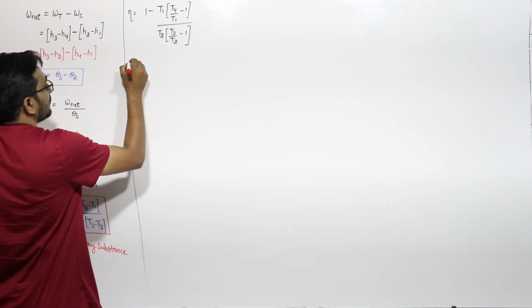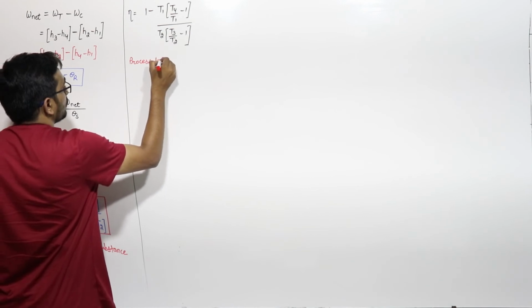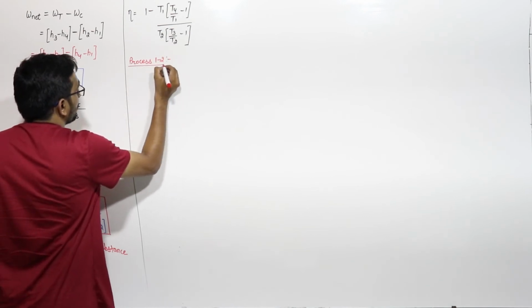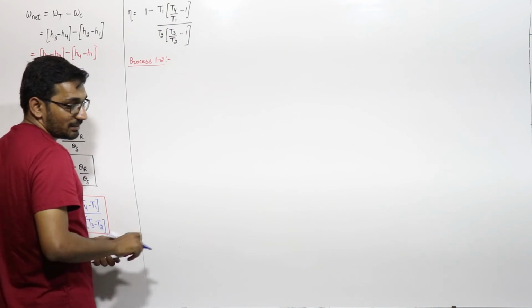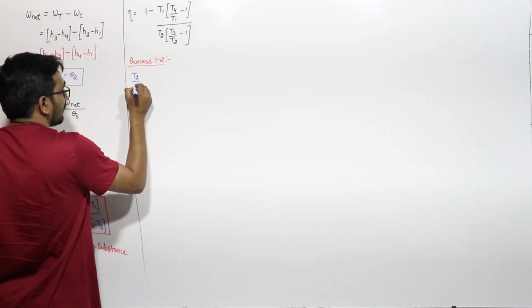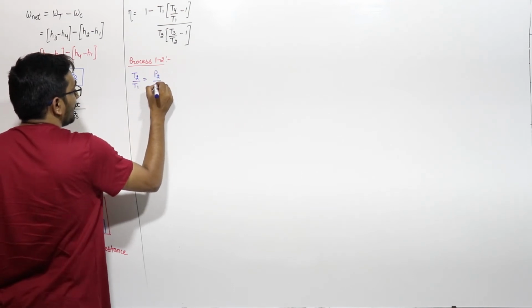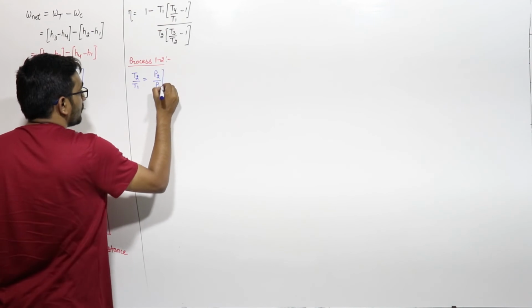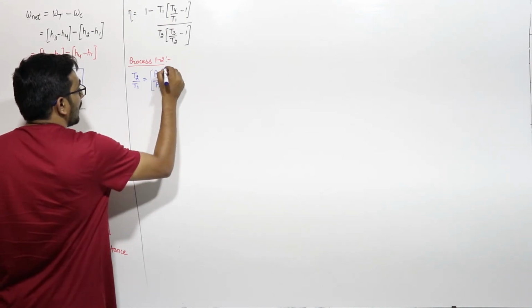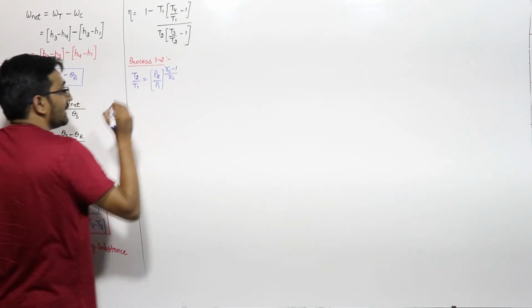Now if I write for the process 1 to 2, which is an adiabatic compression, I can write T2 by T1 will be equal to P2 by P1 raised to power gamma of compression minus 1 divided by gamma of compression, right?